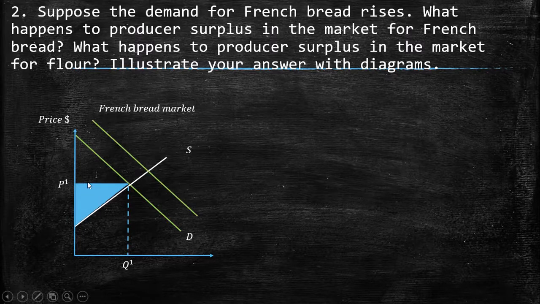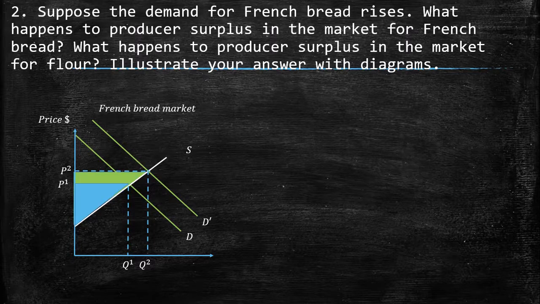Now, as the exercise says, the demand curve is going to increase. What does it mean? It means that the demand curve is going to shift up, or to the right in this case. The consequence is that the price and quantity are going to increase to the level of P2 and Q2.